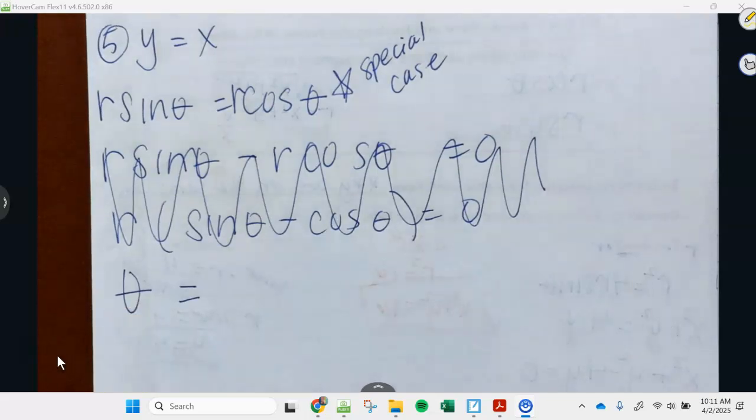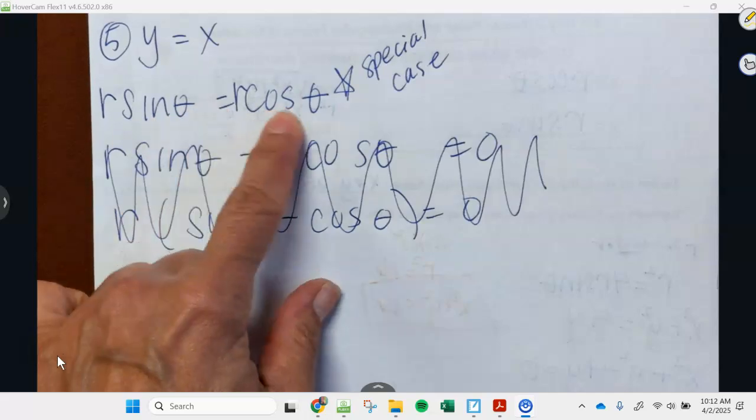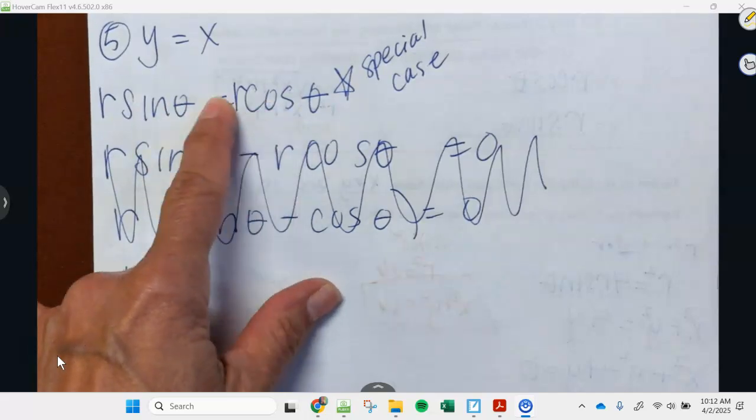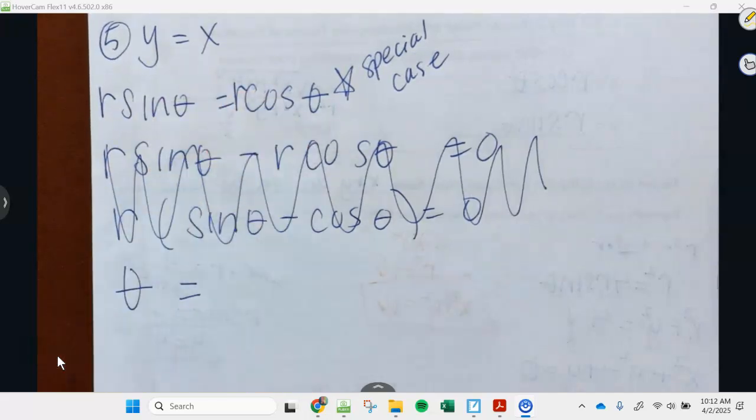R got us stuck. So now we're going to back up and try to write it in terms of theta. Think about the unit circle, y'all. There are 2 places on the unit circle where the x-coordinate and the y-coordinate are the same thing. What radians is it where the x and the y coordinates are the same thing? Yes, that's right.